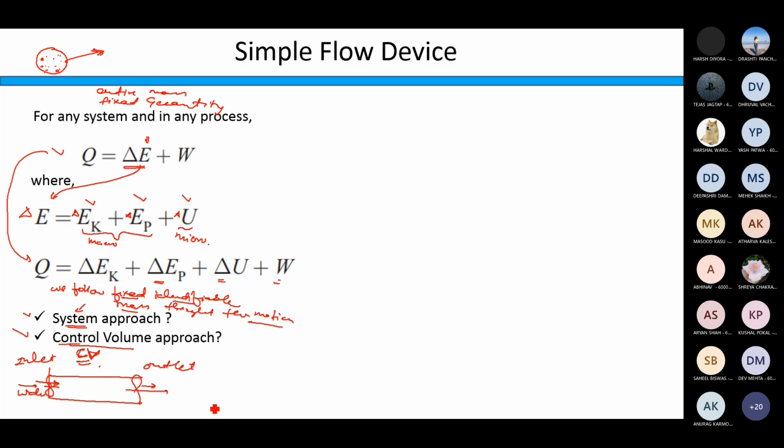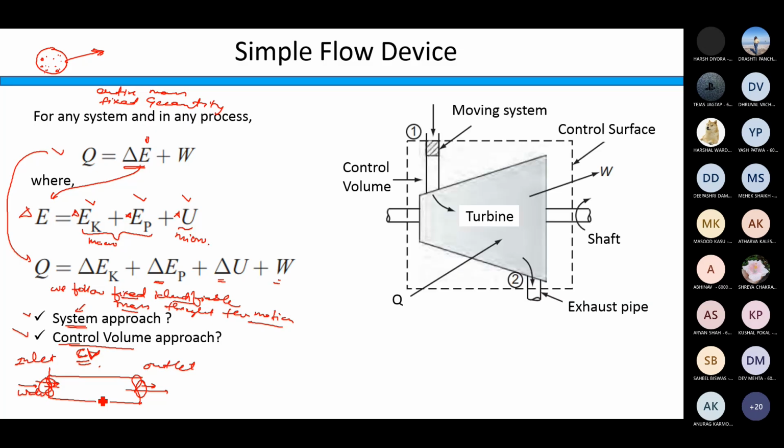So I will treat this pipe as a black box, and I will only look at what are the interactions taking place at the boundaries, and I will account for all those interactions and see what is the net effect of this on the performance or the behavior of your system, right?